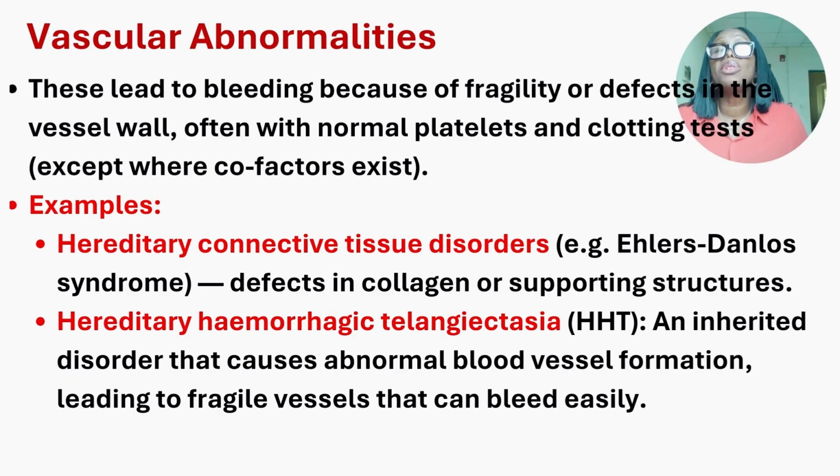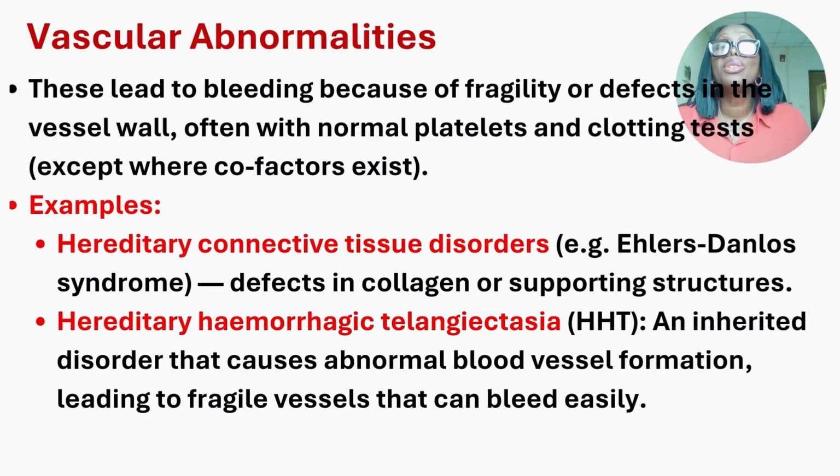We have examples of vascular abnormalities like hereditary connective tissue disorders, what we call Ehlers-Danlos syndrome. Ehlers-Danlos syndrome occurs as a result of a defect in collagen or supporting structures.